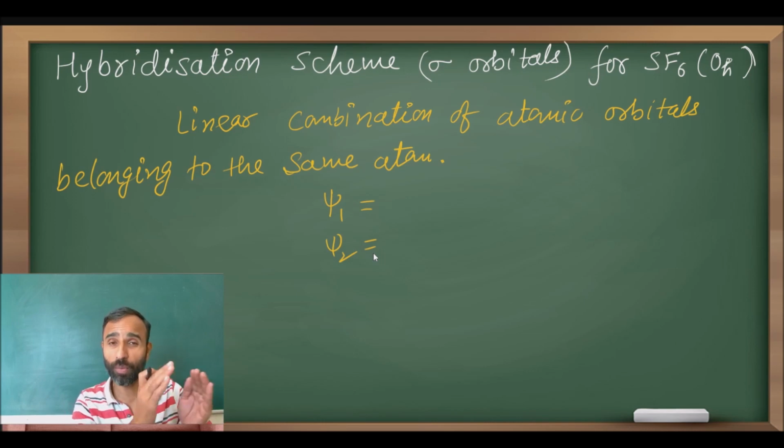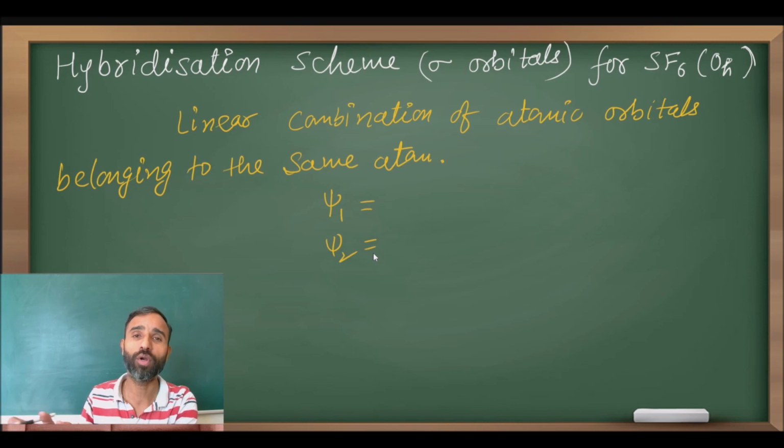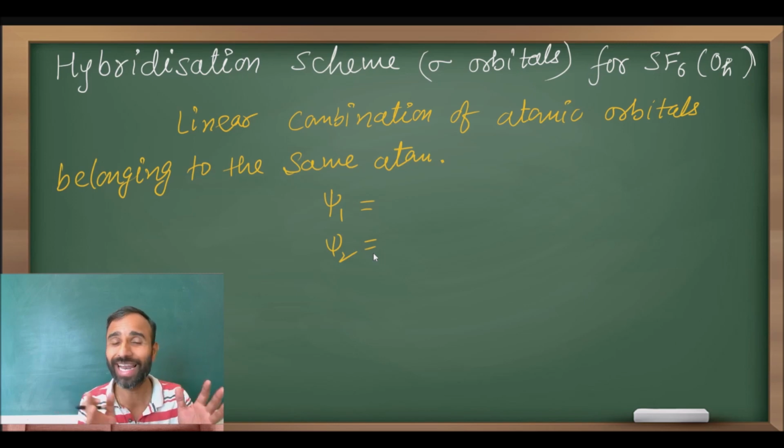The number of atomic orbitals which are mixing together equals the number of new hybrid orbitals formed. They are not less than or more than that.